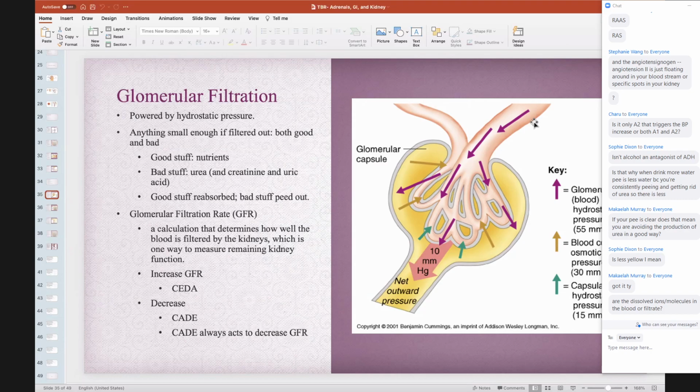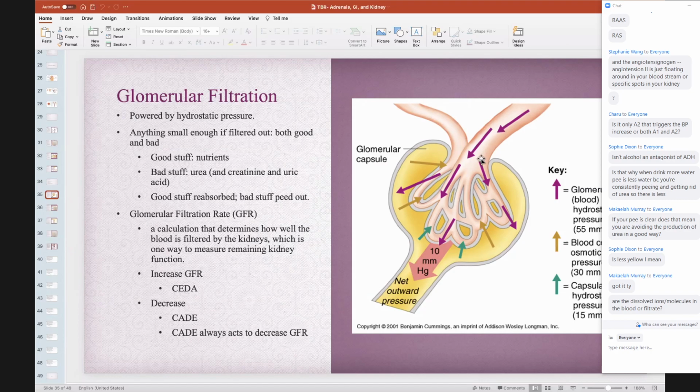We have a little bit of a mnemonic here. If I want to decrease the GFR, decrease the rate at which things are being filtered out, I'm going to want to decrease the hydrostatic pressure in the glomerulus. How would I do that? Well, I'd want to constrict the vessel that is supplying the glomerulus, and dilate the vessel that is taking the blood away.